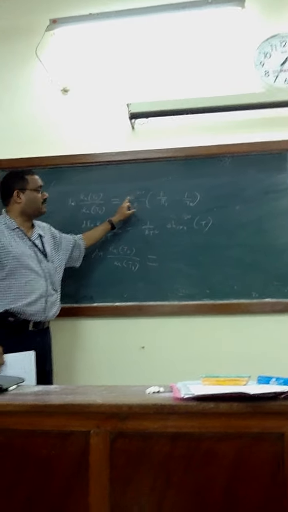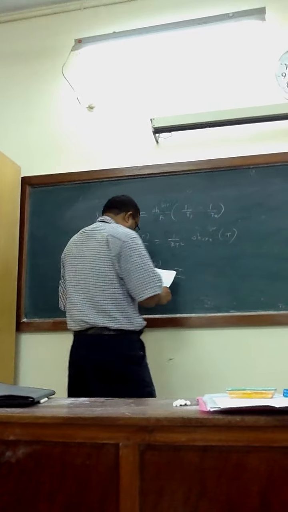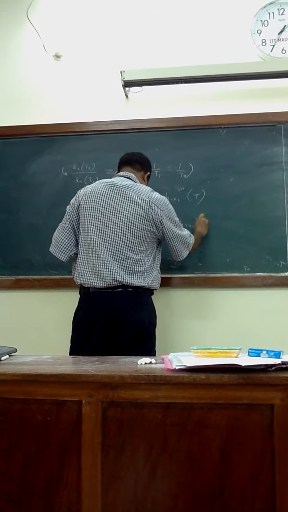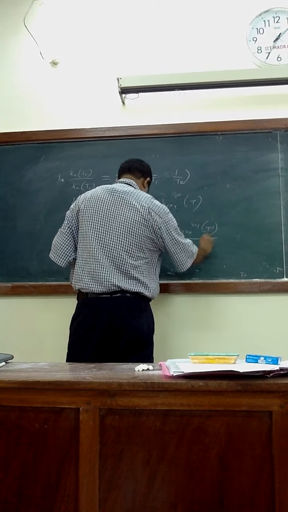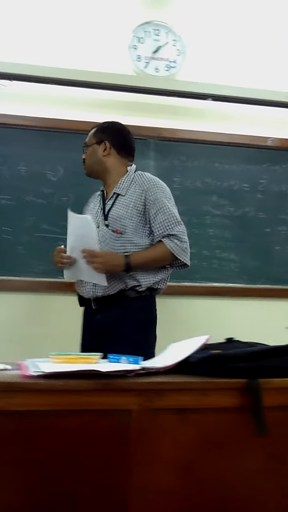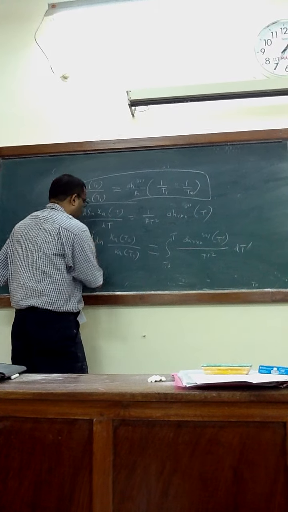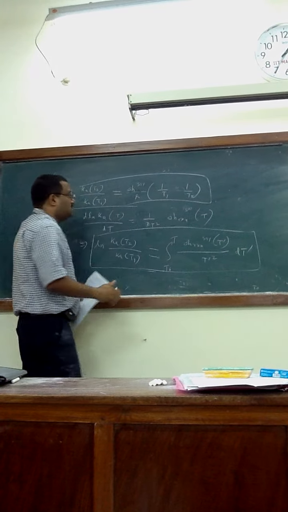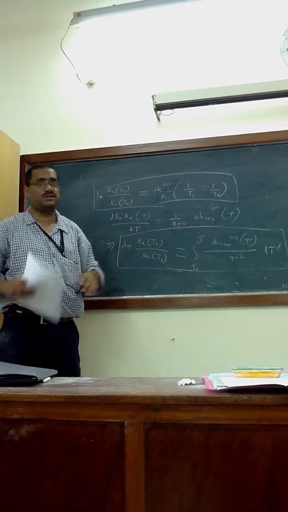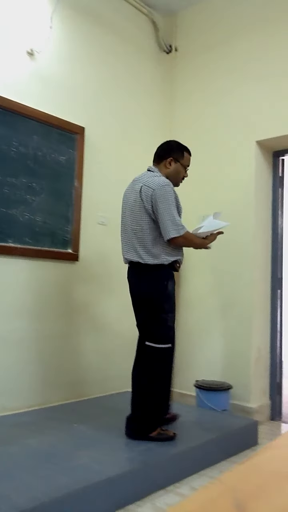This is valid if delta H is constant. If delta H is a function of temperature, then we have to write this as the integral from T0 to T of delta H reaction SS1 at T' by T' square dT'. So there are two relationships. This one is for constant heat of reaction. Here the heat of reaction is a function of temperature. So the equilibrium constant is a function of temperature, and this is related to the heat of reaction.